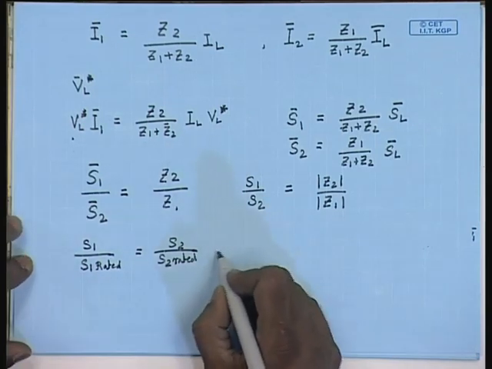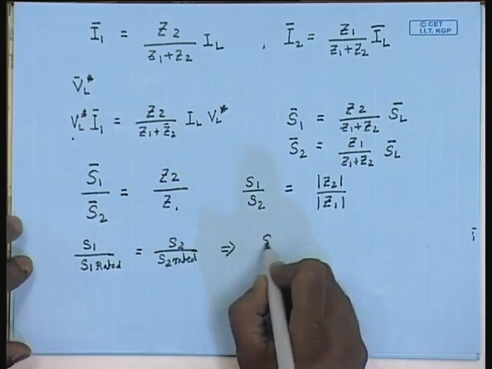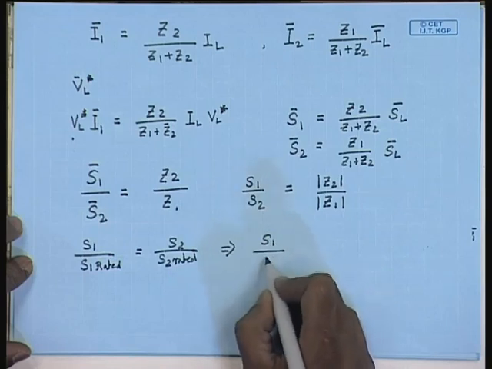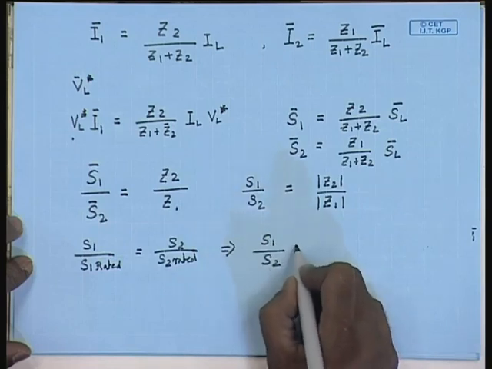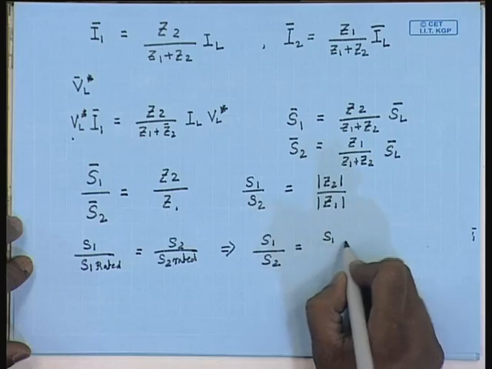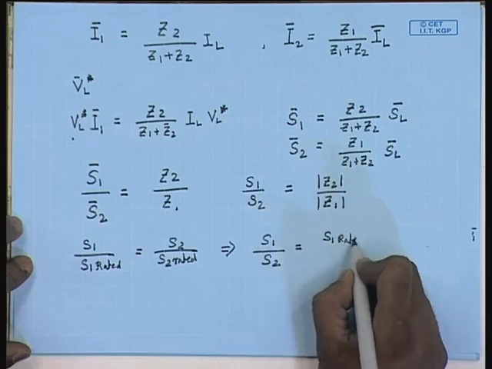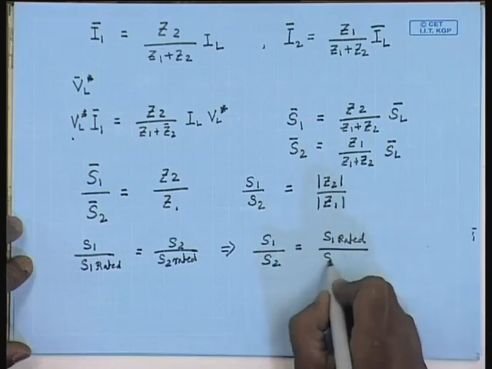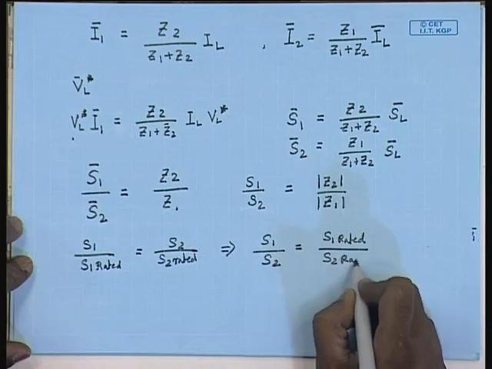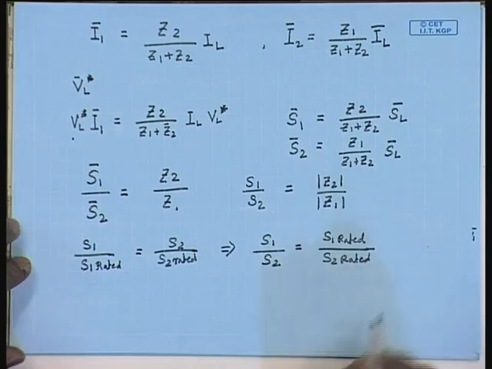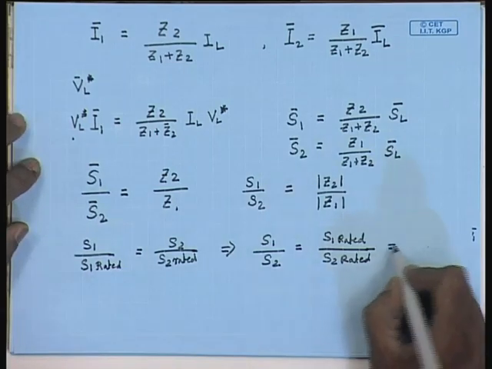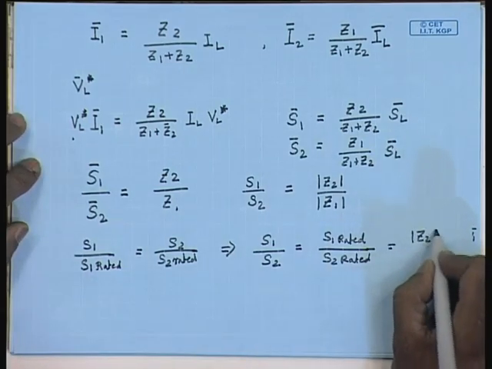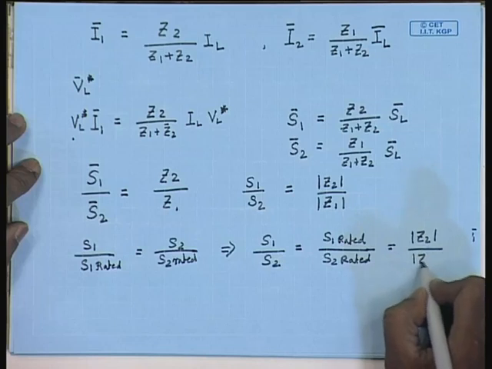Therefore, this translates to S1 divided by S2 equal to S1 rated divided by S2 rated, that is, the transformers share the total load kVA in proportion to their individual kVA rating, but this we have seen to be equal to mod Z2 divided by mod Z1.